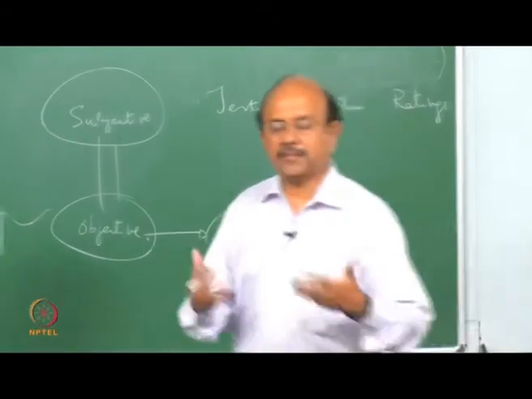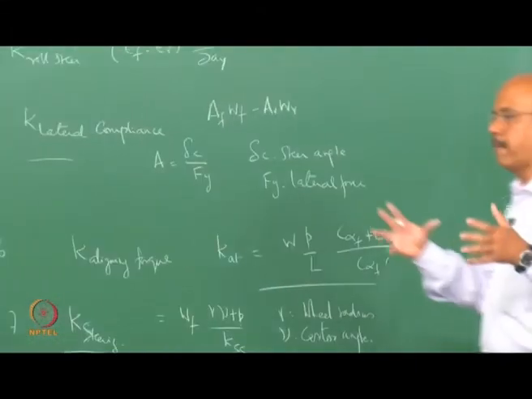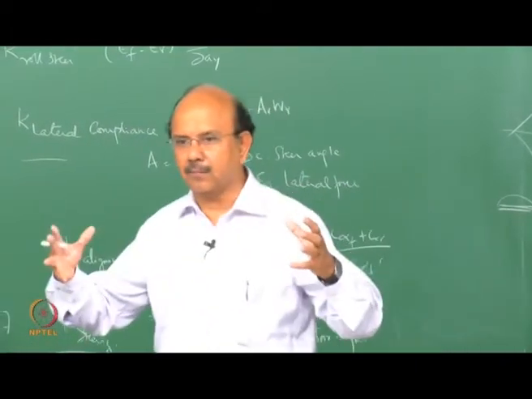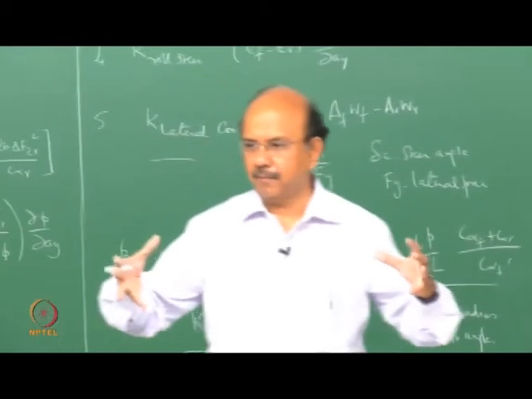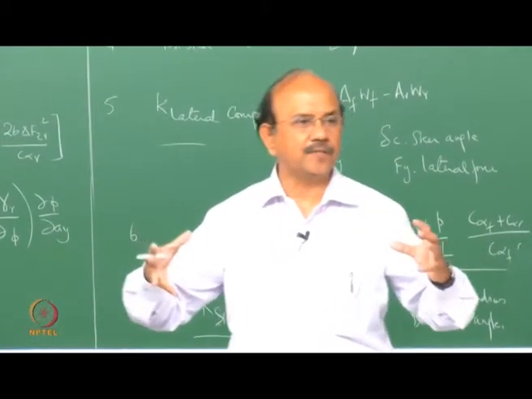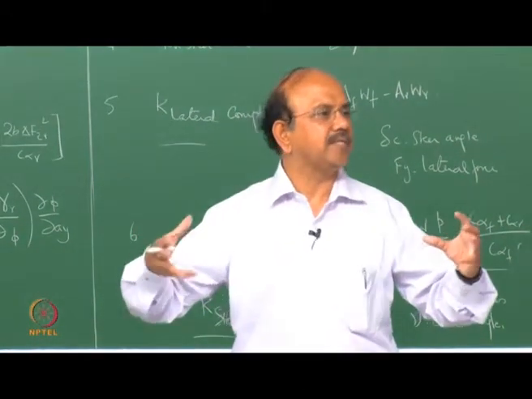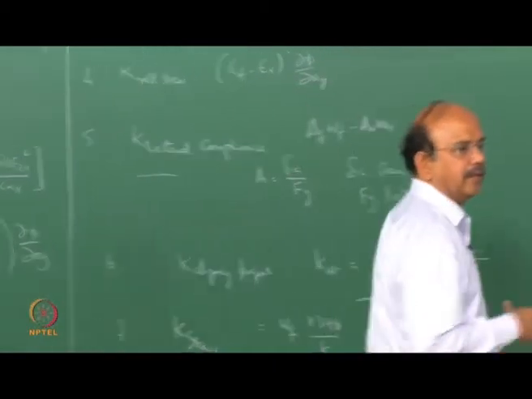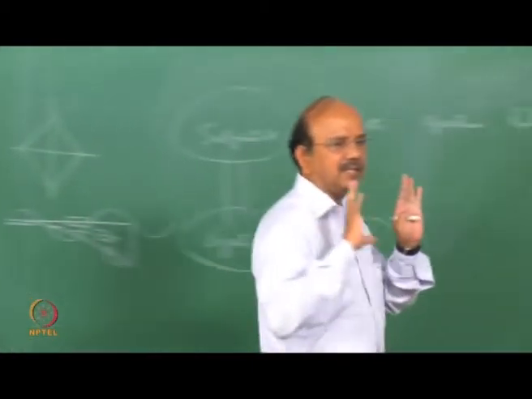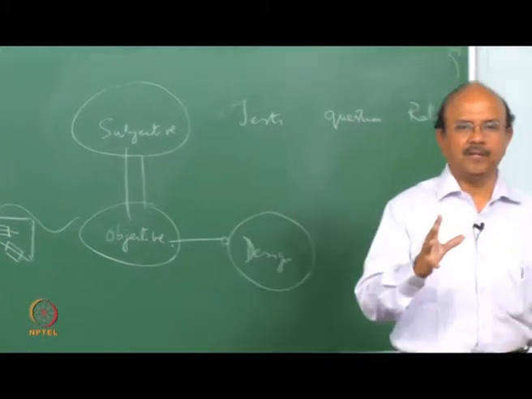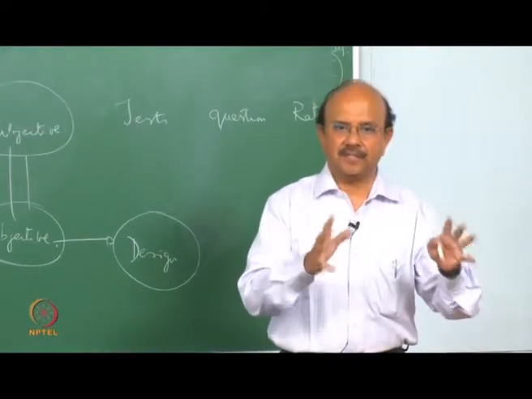Due to so many reasons, the left and the right torque may not be the same, and there can be a difference because of which there can be a steer. There can be an unbalance in the torque that is given to the front wheel, and because of that there can be a steer.